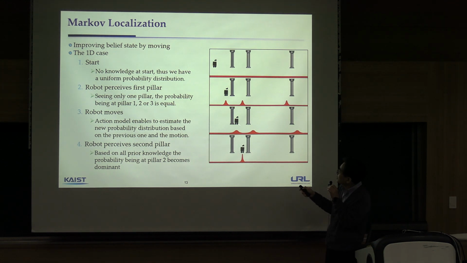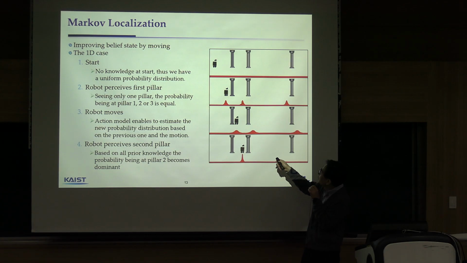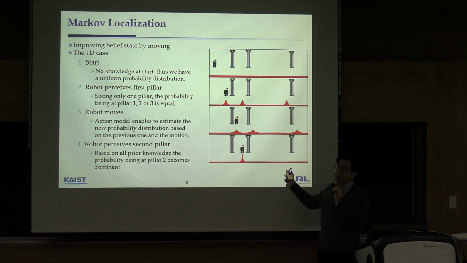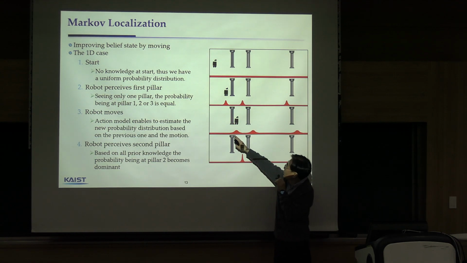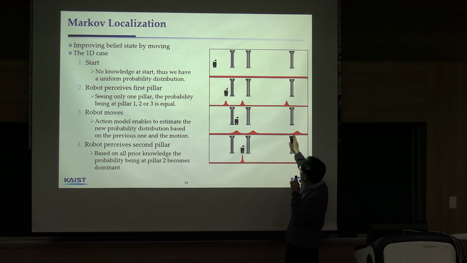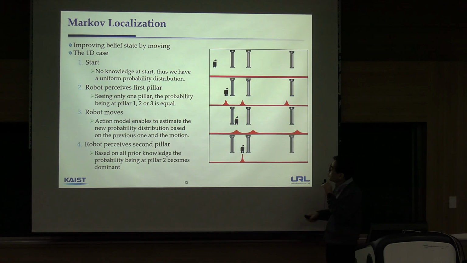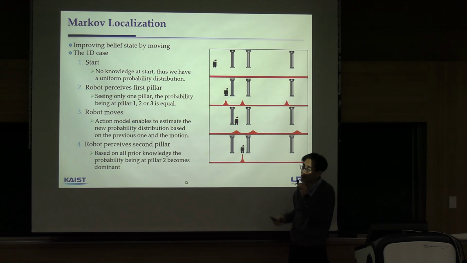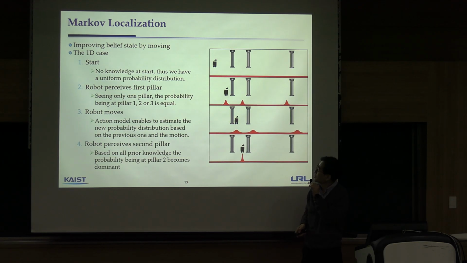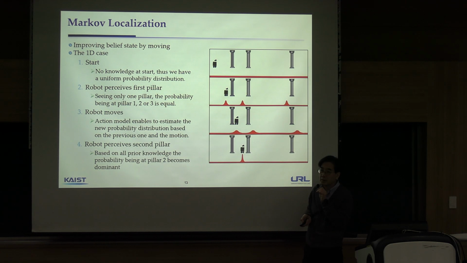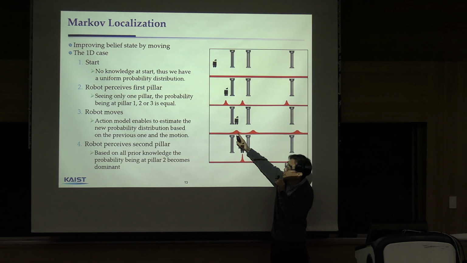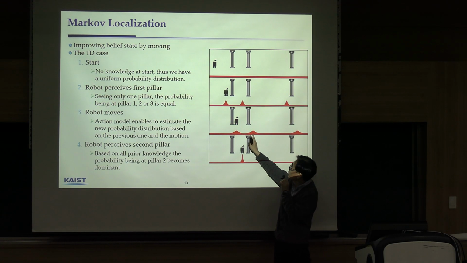If the robot proceeds again, then this probability distribution will be dispersed because we have growing uncertainty, so we have a flattened probability like this. And again, we observe the next pillar right here. Then what happens? Among these three, only this one will survive. How about this one?